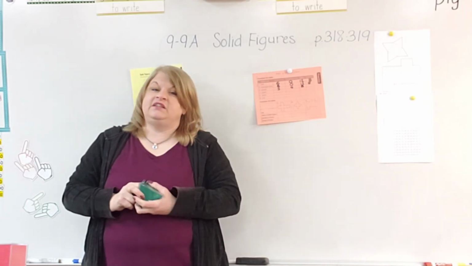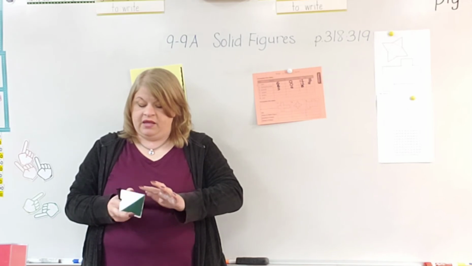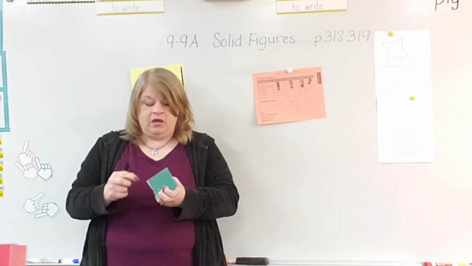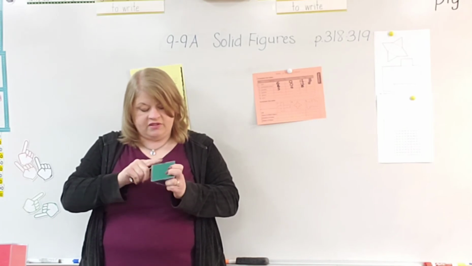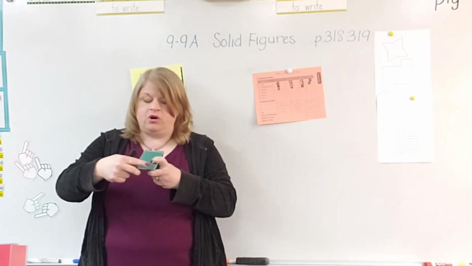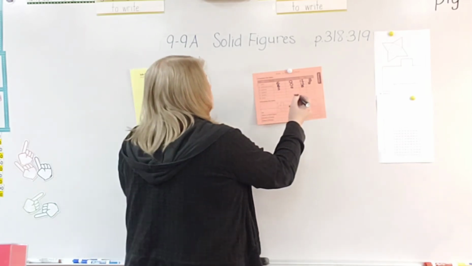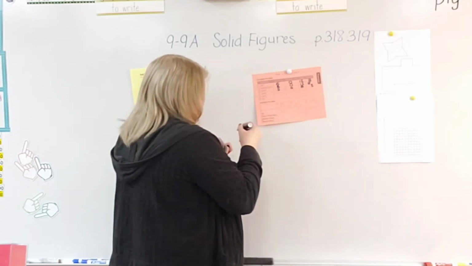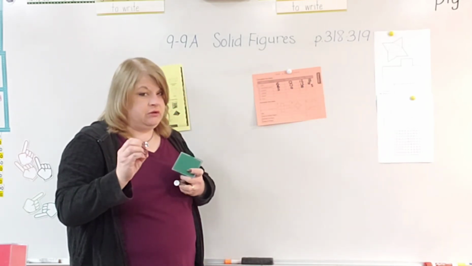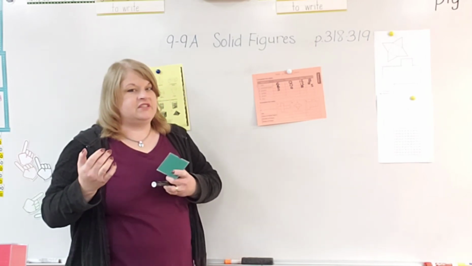A vertex is a point where 3 or more edges come together. So up here we have 4 edges that come together. So that's a vertex. And on the bottom we have all these edges. So we had 1, 2, 3, 4, 5. A pyramid has 5 vertices. So a pyramid has 5 flat surfaces, 0 curved surfaces, 8 edges, and 5 vertices.